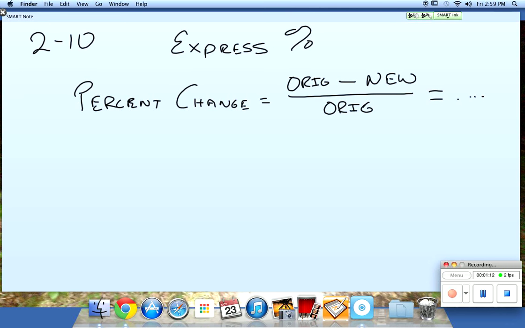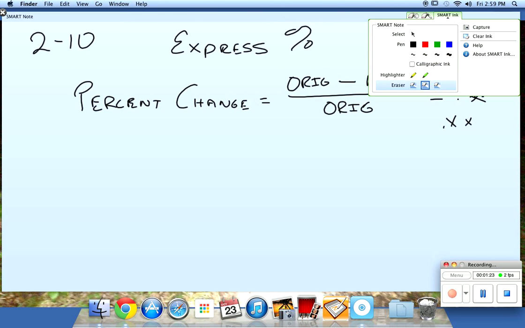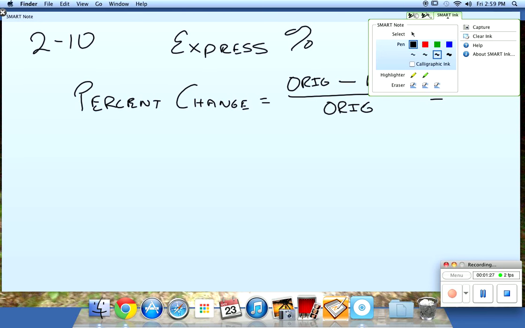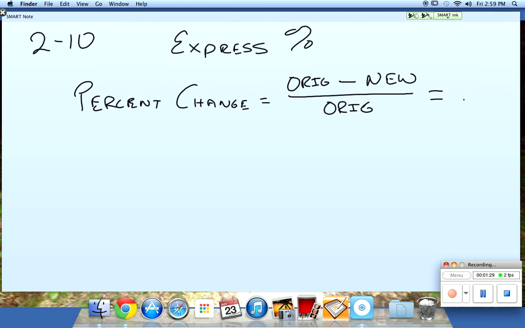Remember, let's say this is point y. If we multiplied point y times 100%, then this would be y0, whatever it would come out to.